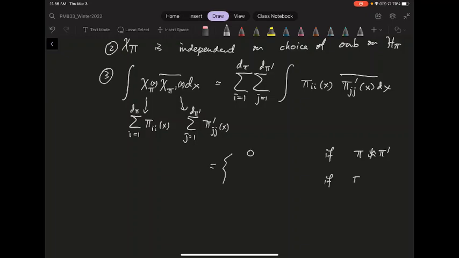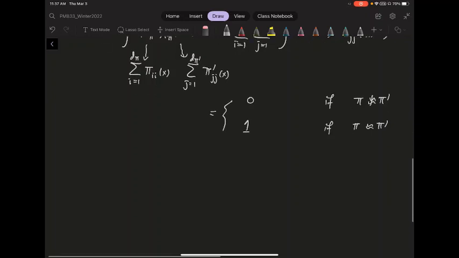Otherwise, if pi is unitarily equivalent to pi prime, then the inner product of pi_ii and pi_jj is equal to 1 over d_pi if i and j are the same matrix coefficient. Otherwise, the integral is still going to be 0. So you end up with d_pi copies of 1 over d_pi. You sum it up, and it should give you 1. So you see that this chi_pi really is an orthonormal set.